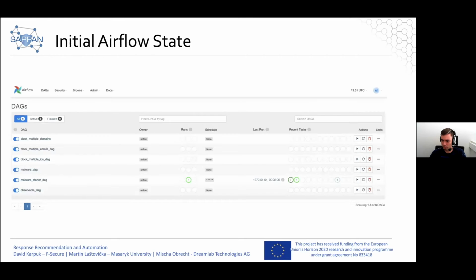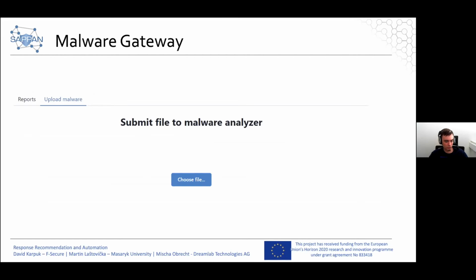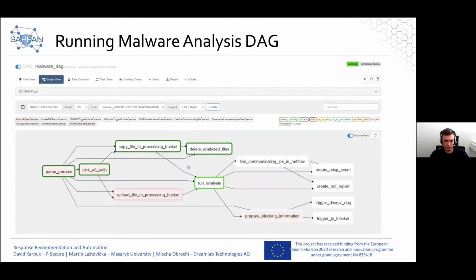So next slide, please. Once the tool is deployed, the Airflow starts the monitoring and waits for any new file submissions. Next slide. Here we can see the web UI for the human analysts to upload the file. And next slide, we can see once the file is uploaded, the Apache Airflow starts the analysis process, and we can monitor the progress of the analysis.